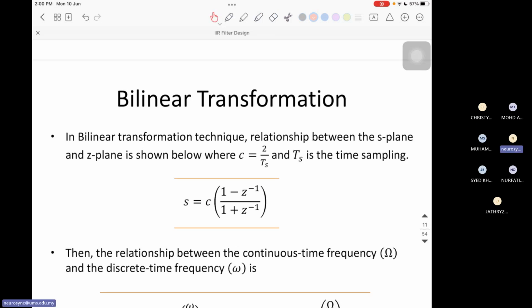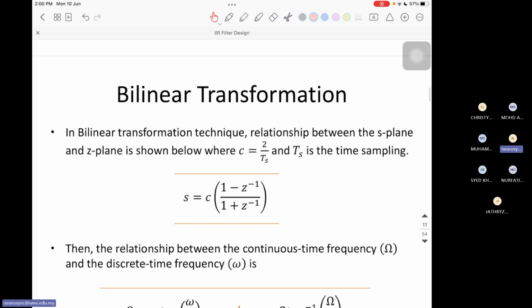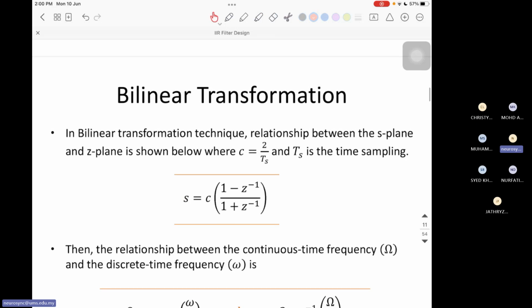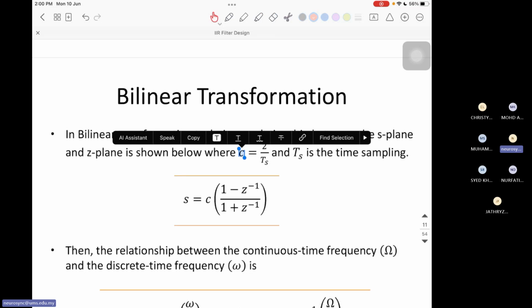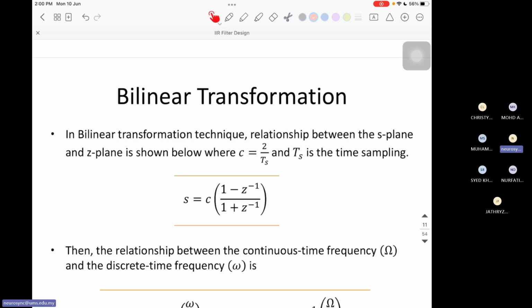This is basically to transform a continuous time system into a discrete time system, or we can convert the discrete time system into the continuous time system. S is for the continuous time, Z is for the discrete time. This is used in the filter design, so this relation is very important. What is C here? C is 2 divided by Ts, and Ts is the sampling time.